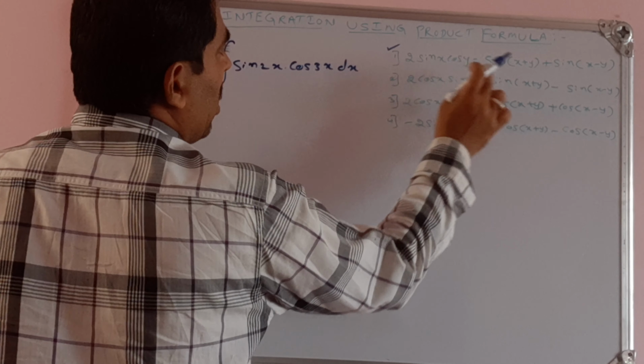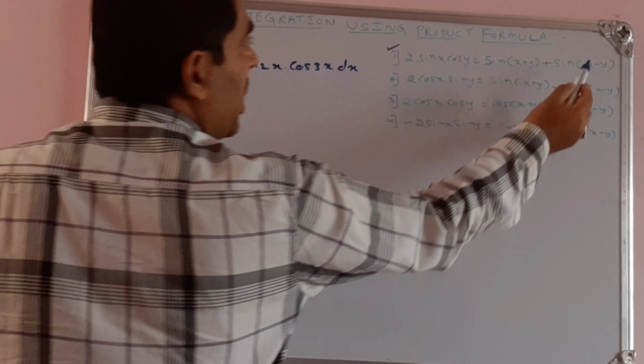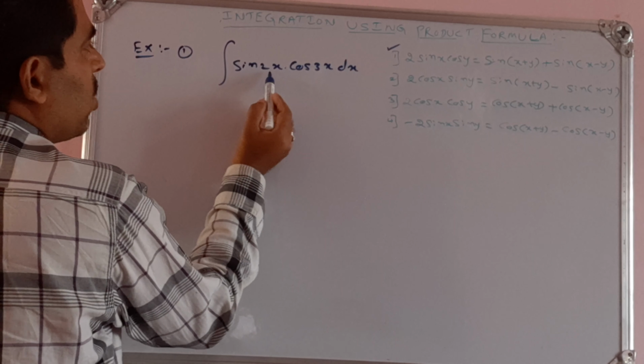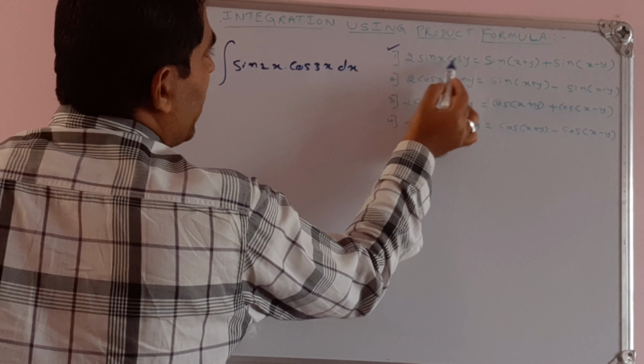2 sin x cos y is equal to sin of x plus y plus sin of x minus y. Here I have sin 2x cos 3x, so I want only sin x cos y.